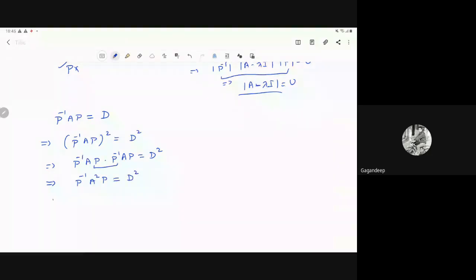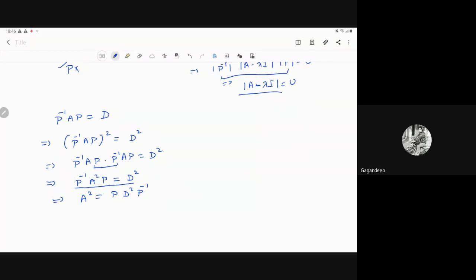Good. What does it mean? Let's pre-multiply by P and post-multiply by P inverse. So A square equals P D square P inverse. You understand this step? In this step, on both sides, I have pre-multiplied by P and post-multiplied by P inverse.